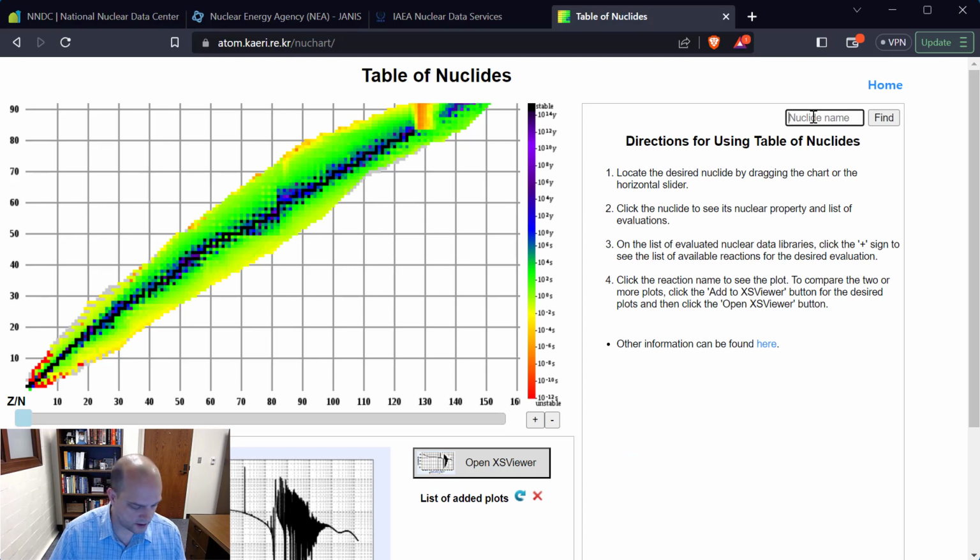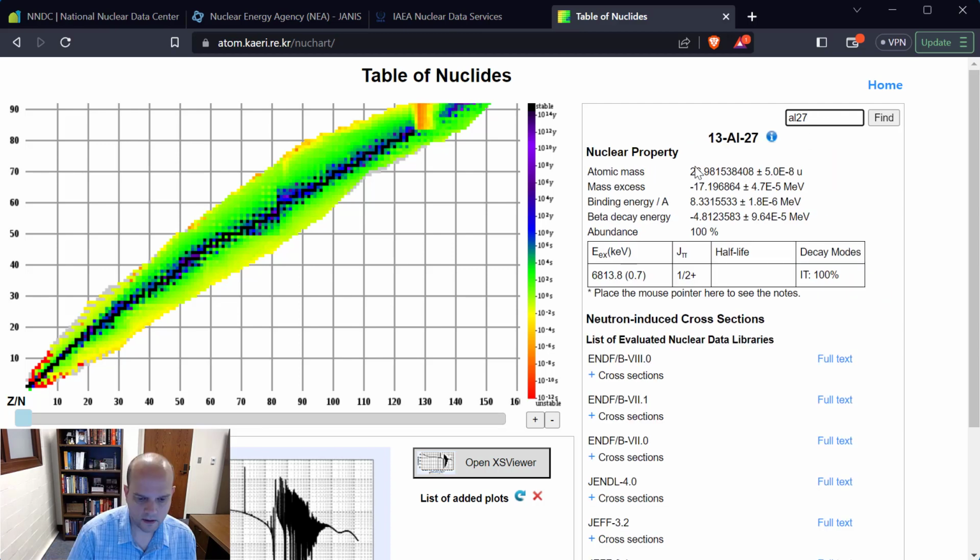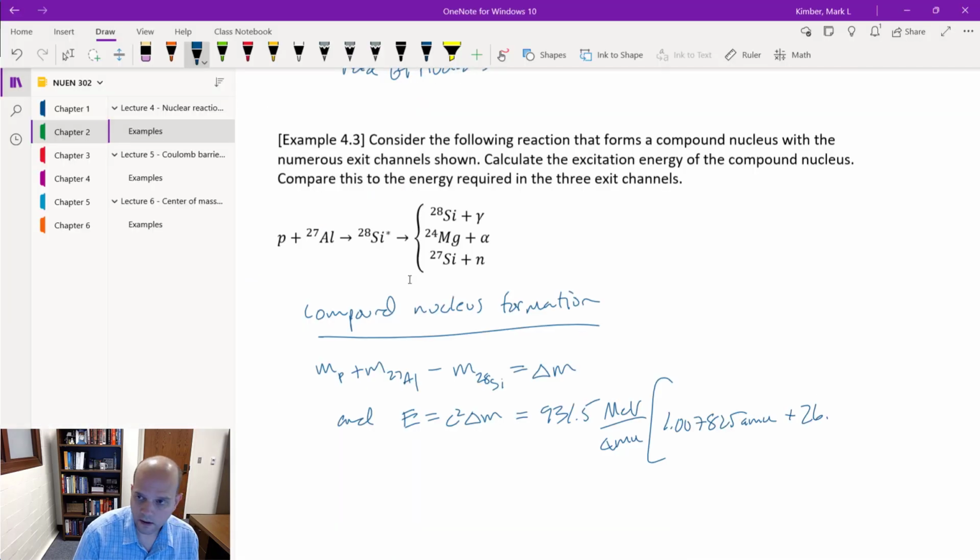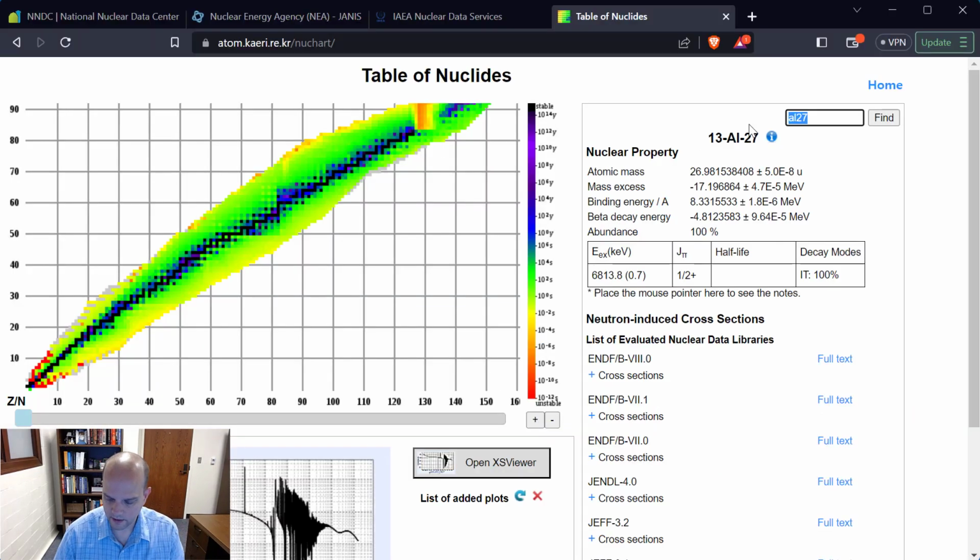And I come here to my chart of nuclides, and I type in aluminum 27. There's my mass. I have 26.981538. And then from that I will subtract the silicon 28.